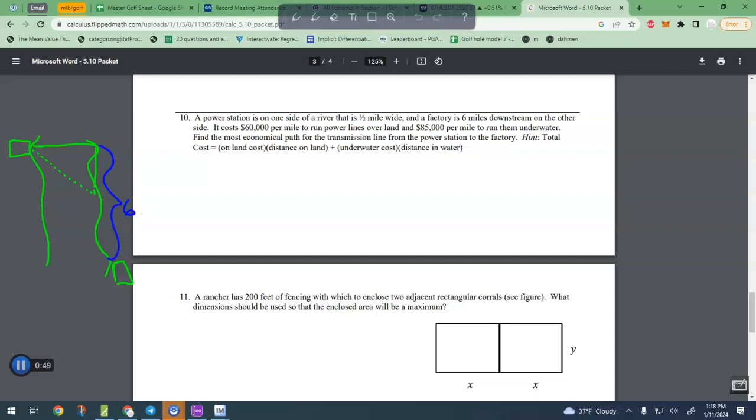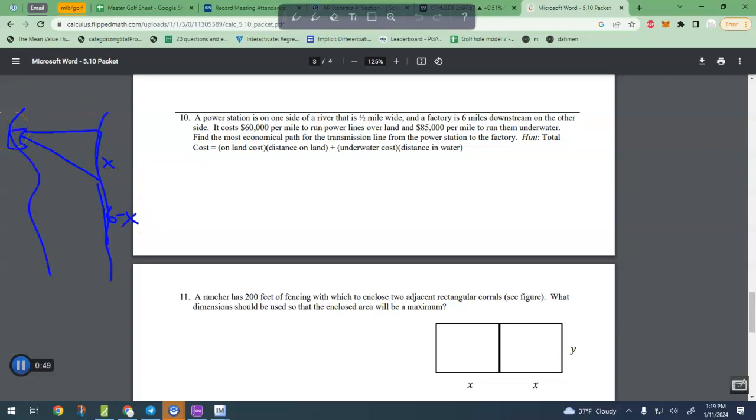So if I call this distance x, here to here, what's this distance? So I got x, 6 minus x.